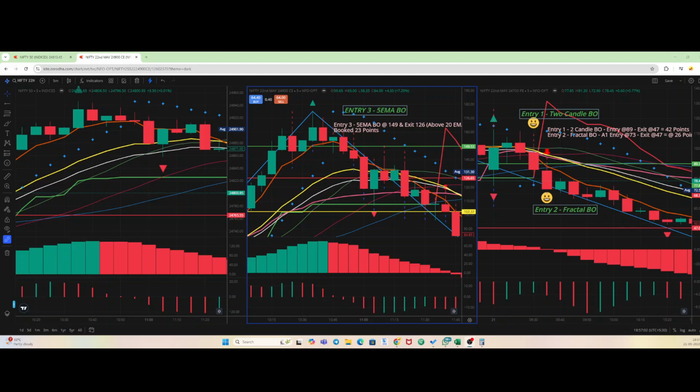One more strategy, two candle breakout, also gave the entry today. 5 EMA breakout also gave the entry today, as well as the 3 PM move. So how we have taken all the trades, we will discuss today. Let us go to the detailed video.